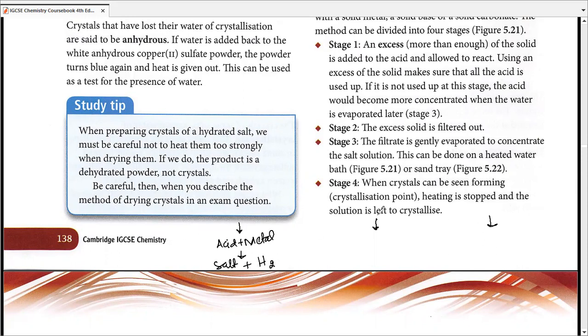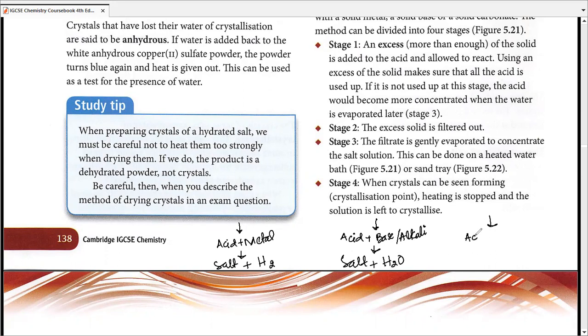We have done this in 5.7, so it should be easy. Then the acid was also capable of reacting with either a base or an alkali, and in both cases it was capable of giving us salt plus water, H2O.